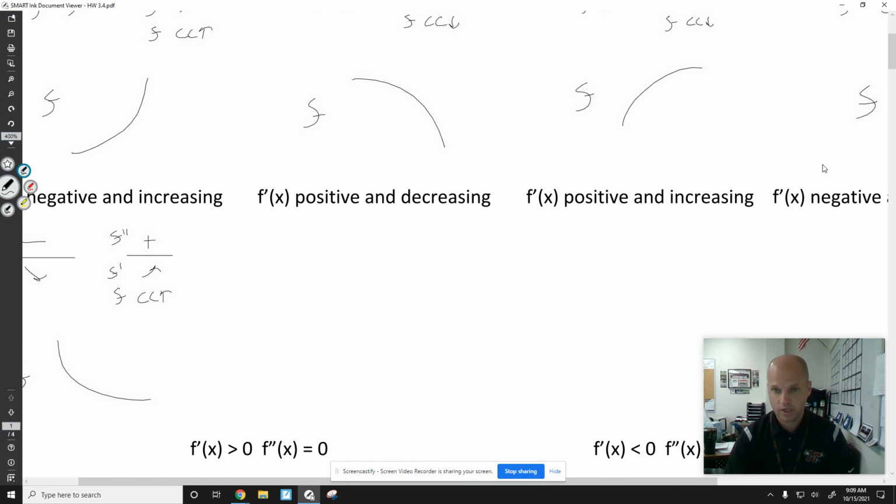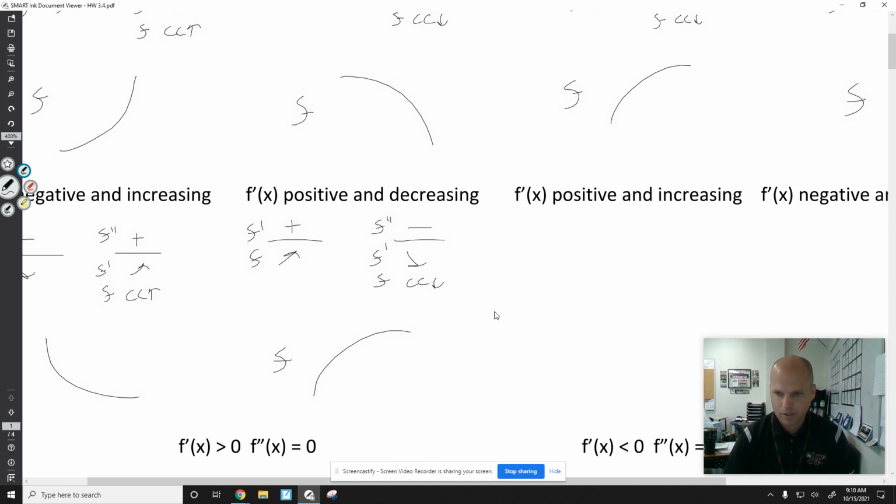The last two I'm going to change. f prime positive means f is increasing. f prime is decreasing. If f prime is decreasing, that means f double prime is negative, or f is concave down. Increasing, concave down. Last two I'm going to change.